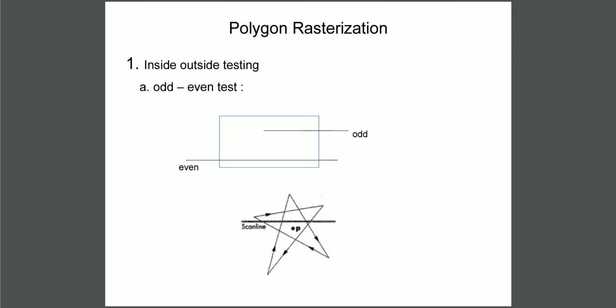Whenever a line segment intersects two edges, or an even number of edges, as per the test that pixel is outside the polygon. But in this case, P is actually inside the polygon and needs to get updated with the foreground color. So here we are getting a wrong result. That is the reason the odd even test is valid only for a simple polygon but not for a complex polygon.